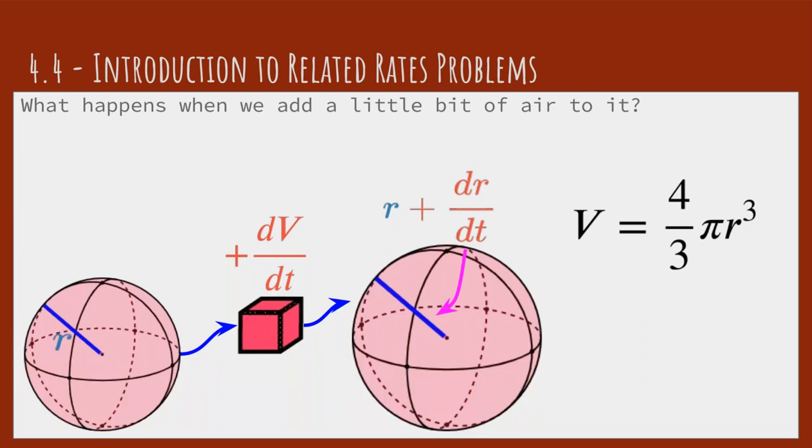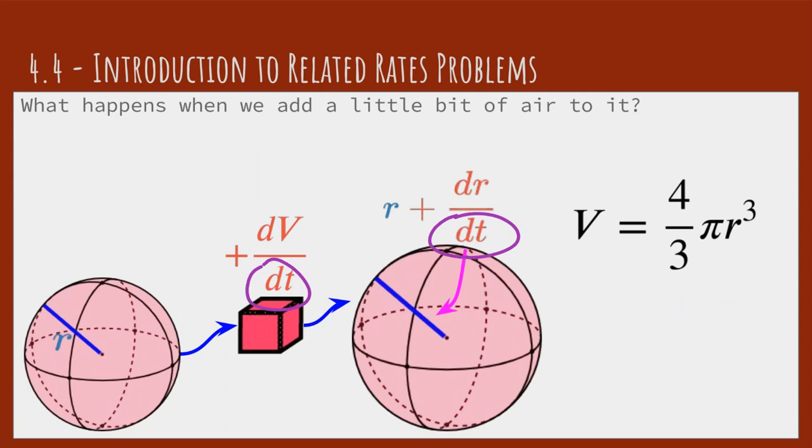So in these related rate problems, we're going to have derivatives that represent how fast some quantity is changing in the problem. And if I want to incorporate these derivatives in a problem like this, I can start with this formula right here and take a derivative with respect to time.